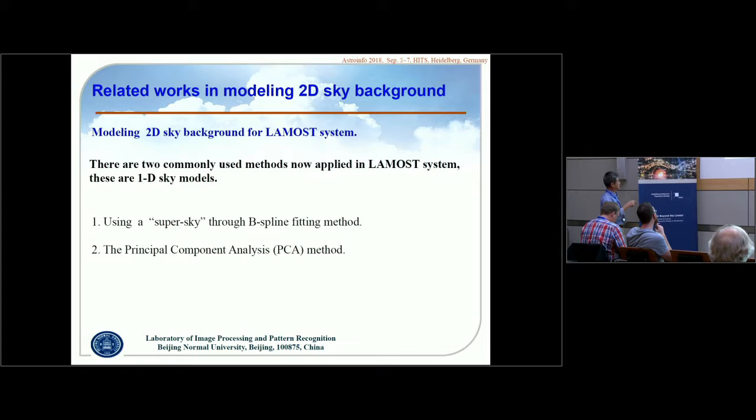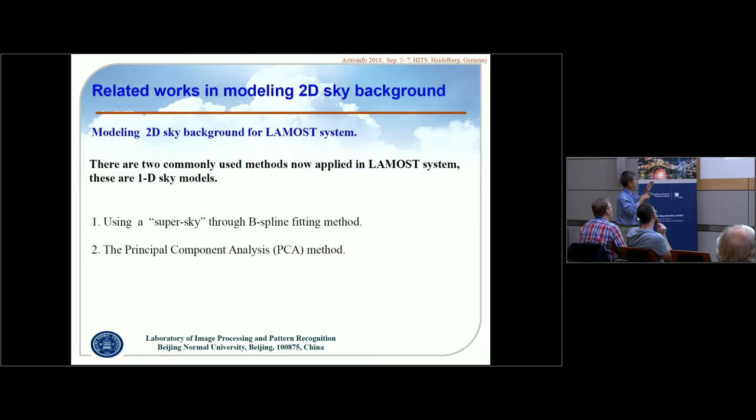One is the super sky method, which uses the 10 sky fibers that receive the sky signal.